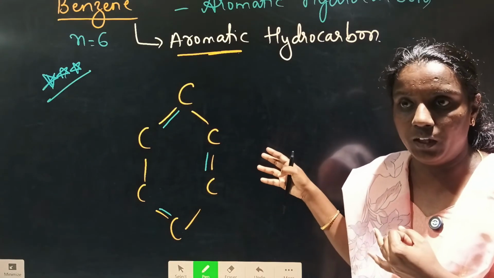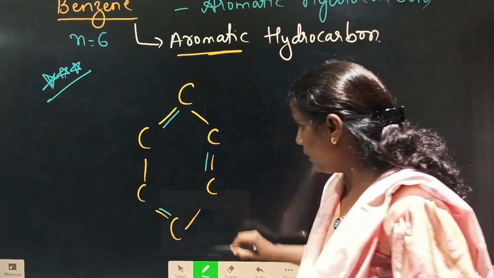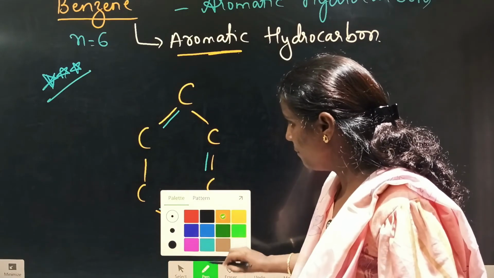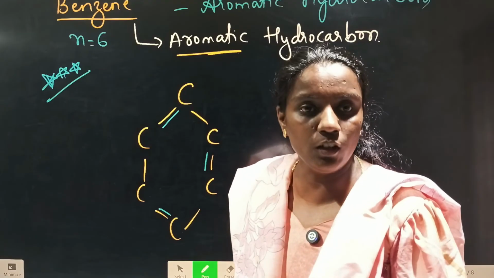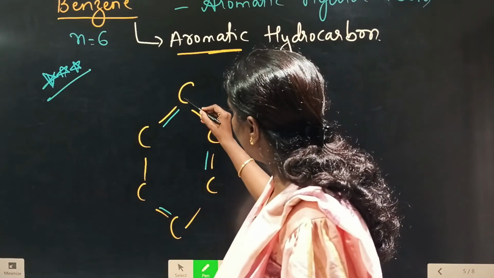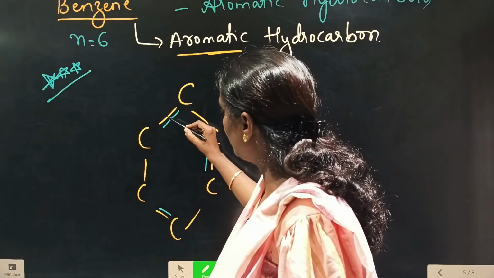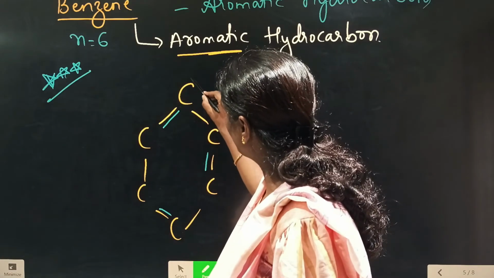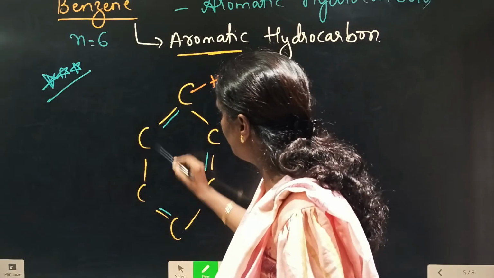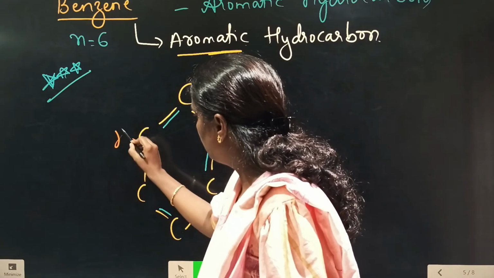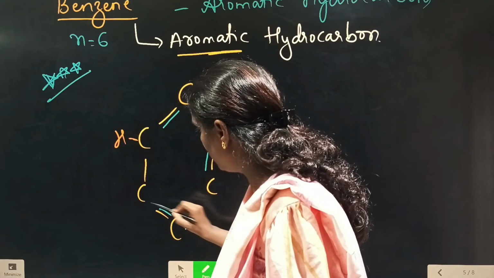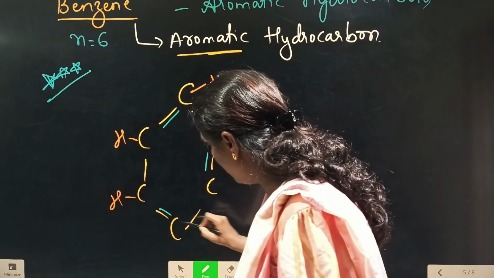And the molecular formula. Now listen, the carbon is fixed for us. Next, what do we have to show? Hydrogen, right. When I take this carbon, how many bonds are there? 1, 2, 3. So how many hydrogen do we have to give now? Only 1. Here 1, 2, 3. 1, 1, 2, 3. 1 hydrogen. 1, 2, 3.